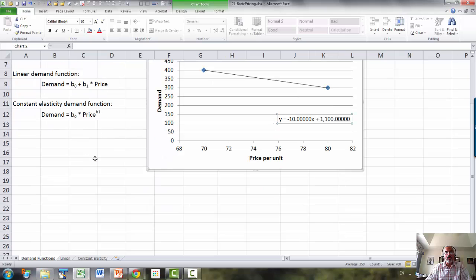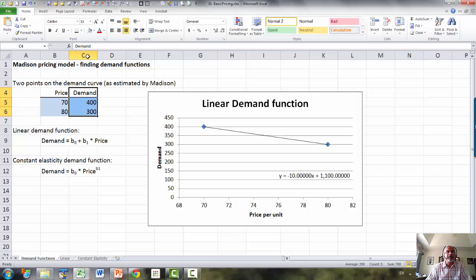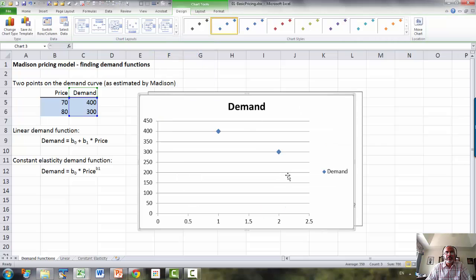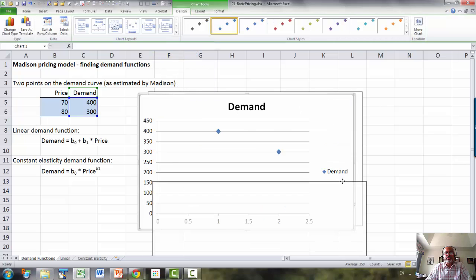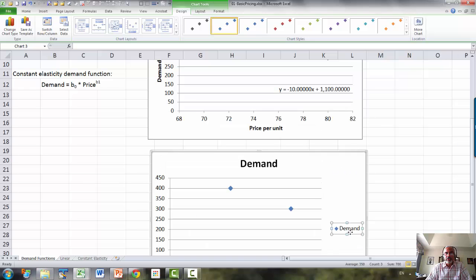We have one more function, which is the constant elasticity demand function. For that, once again, we have to draw another plot. Go to scatter plot. Let's move this down. Remove the legend.